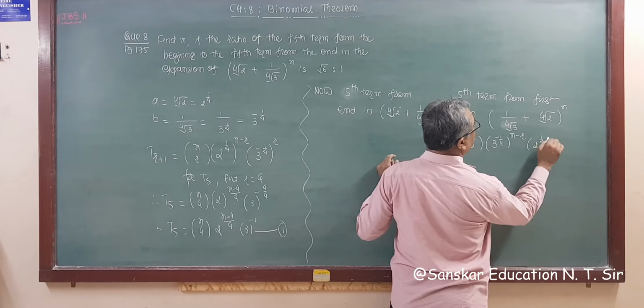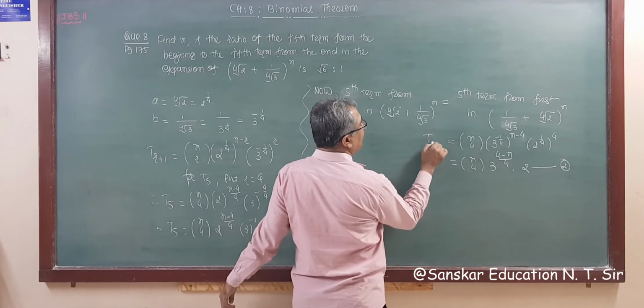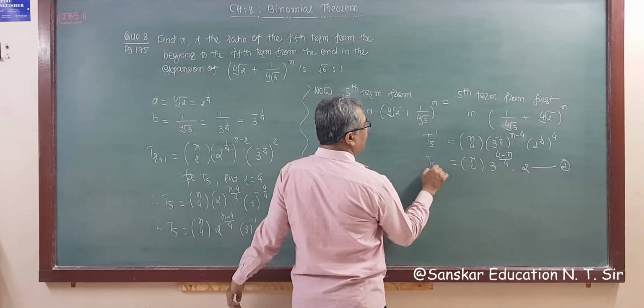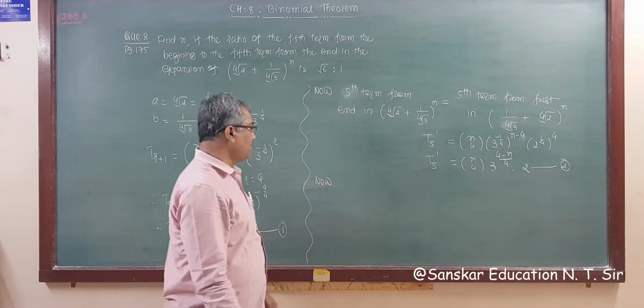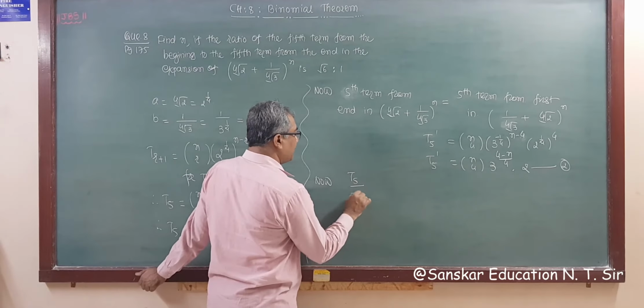Now given that, suppose we say this is T5 and this is T5 dash. So T5 upon T dash 5 is given, the ratio is root 6 is to 1. Got it? The writing is big, so there will be a little less space.